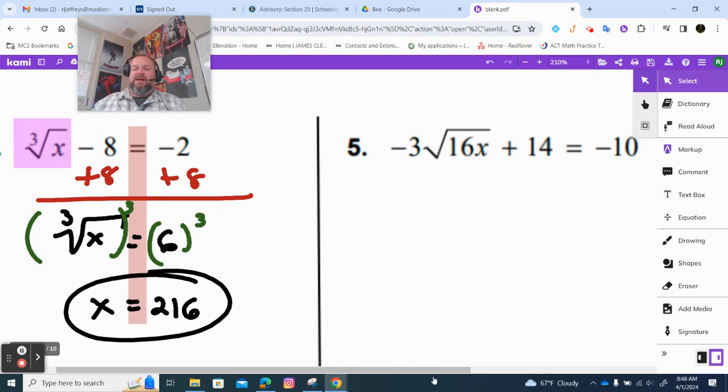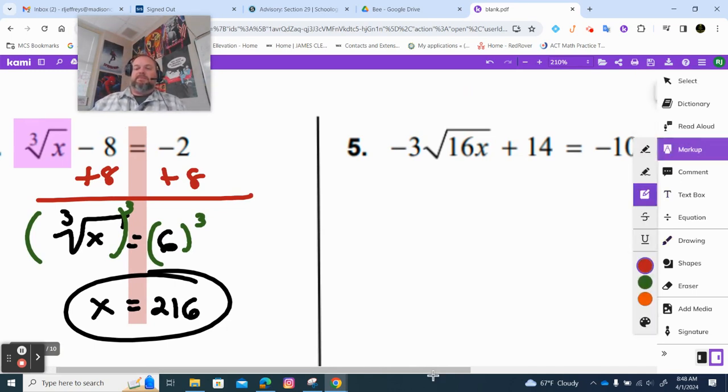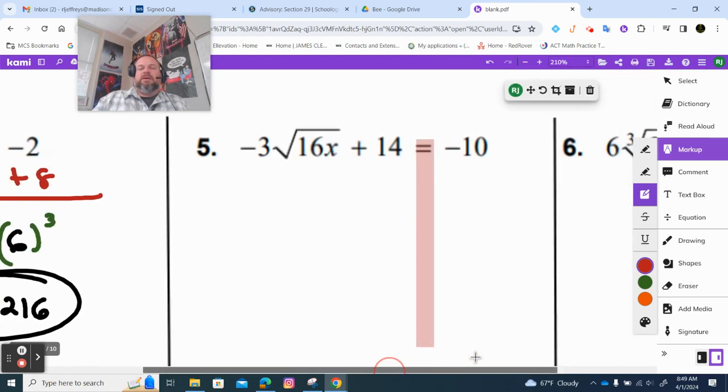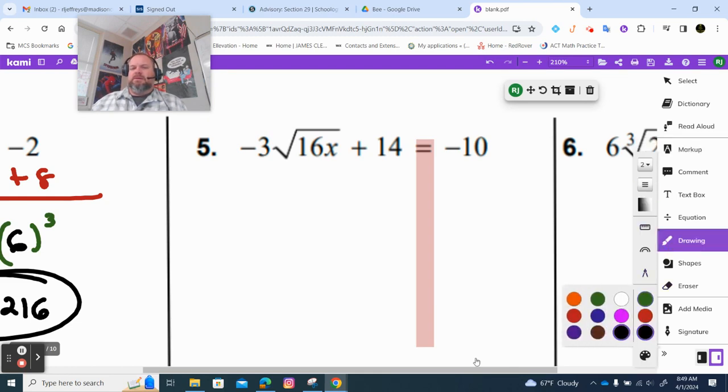Ooh, number 5 is a fun one. So confused. Okay, so 8 through 13 is just y'all on your own. That's what it's supposed to be.